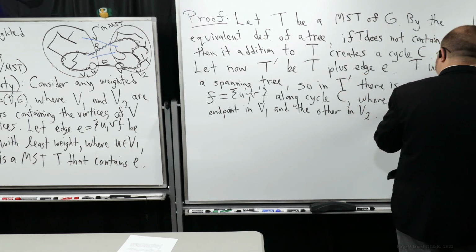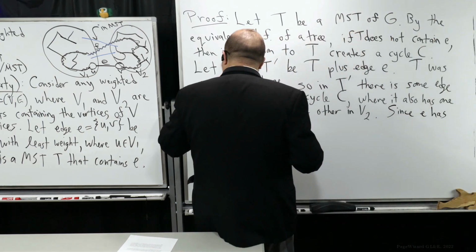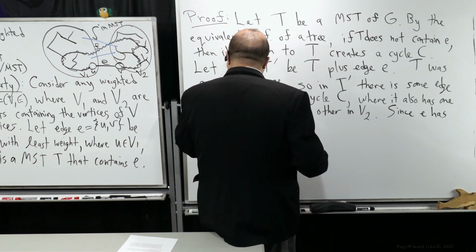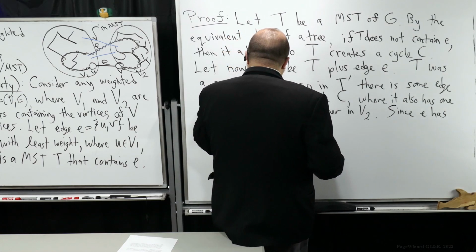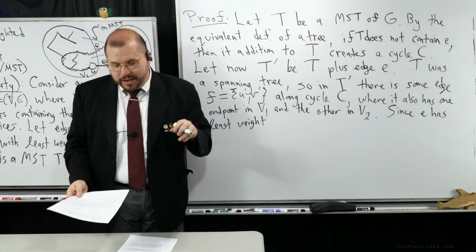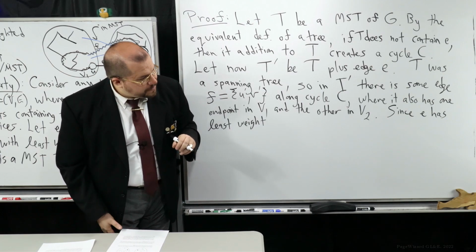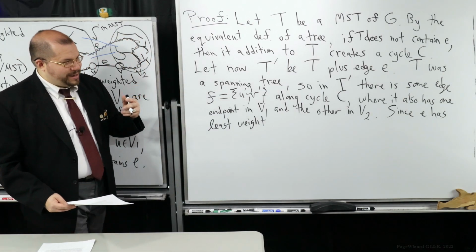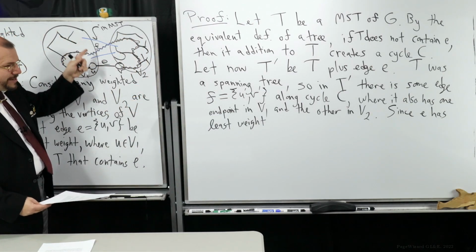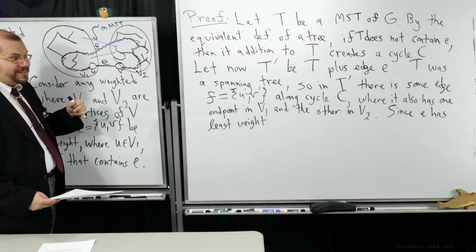since E has least weight, what can we say about E and F for their weight? What can I say? Well, remember, E is not equal to F. They're not the same edge. These are two different edges. What can I say about the weight of E versus the weight of F?